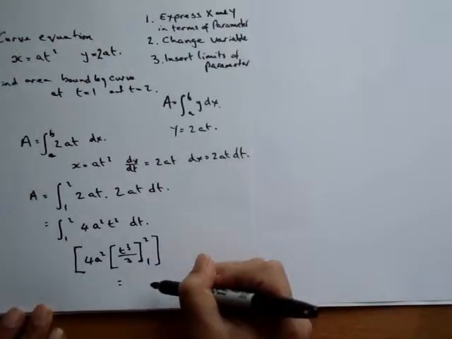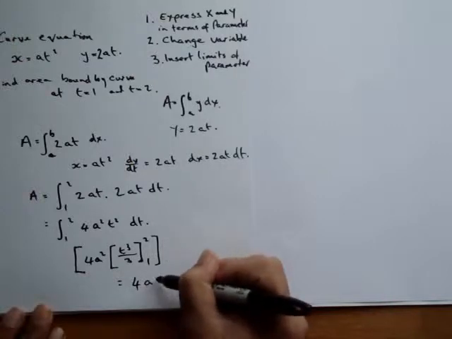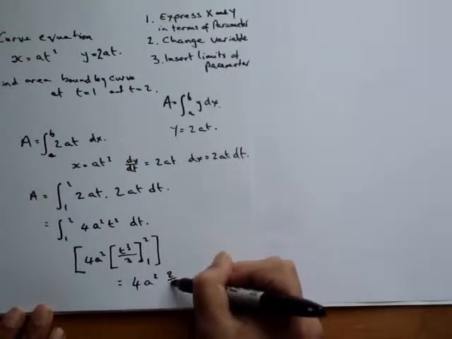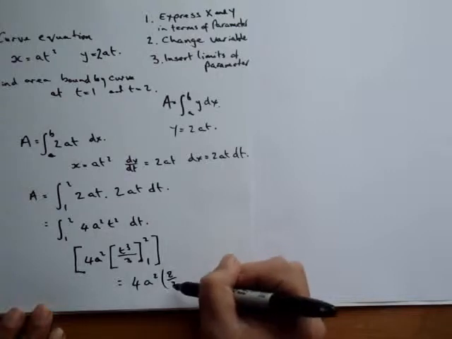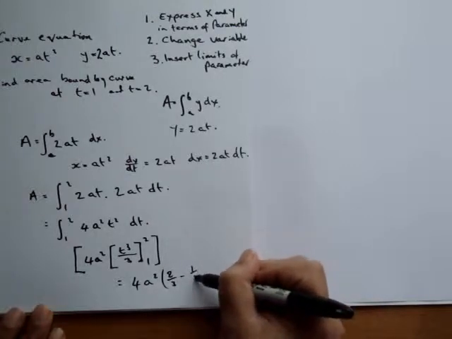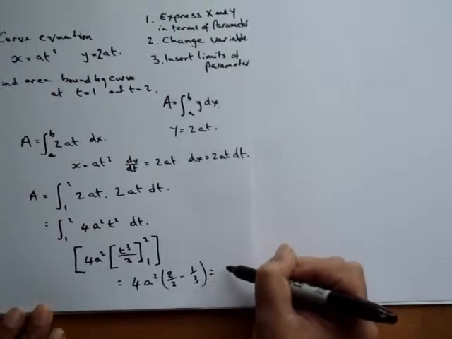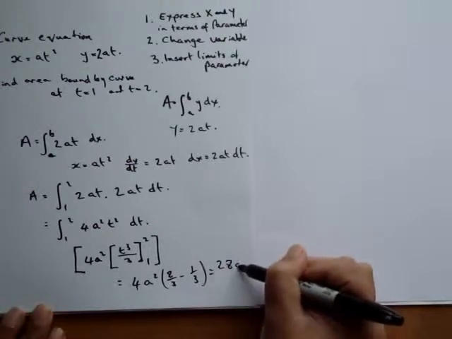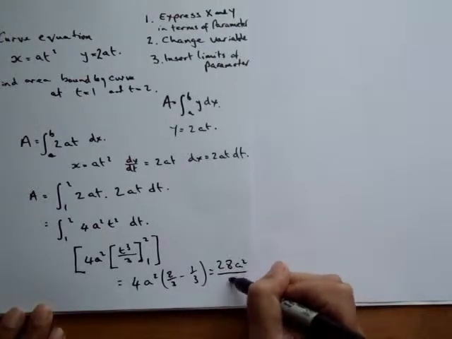And this equals 4a squared times 8 over 3 when we put the limits in, minus 1 over 3, which is 28a squared over 3.